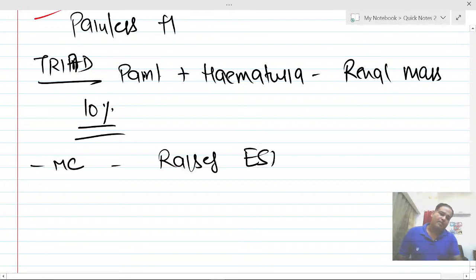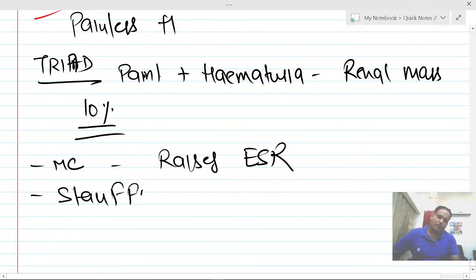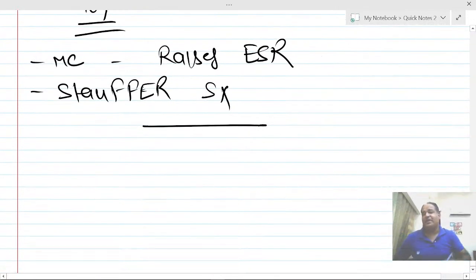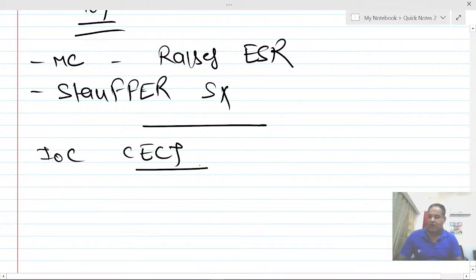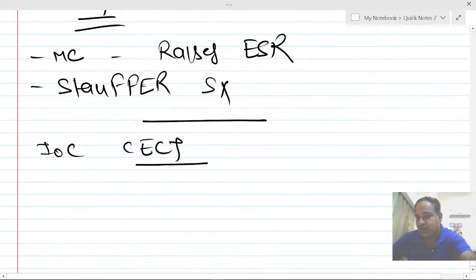The most common paraneoplastic syndrome is raised ESR. It is associated with Stauffer syndrome. That means whenever there is renal cell carcinoma, the liver function may deteriorate. Investigation of choice is contrast CT.